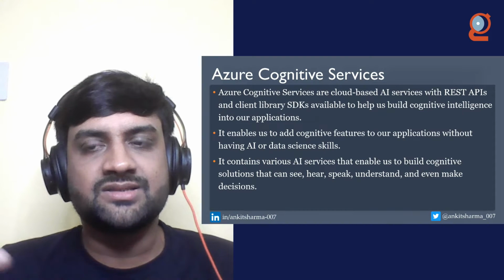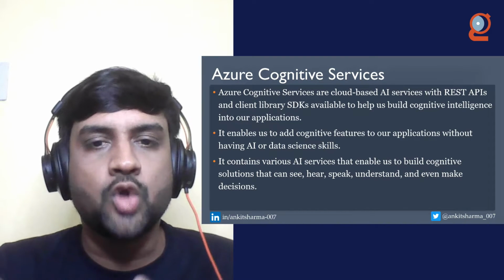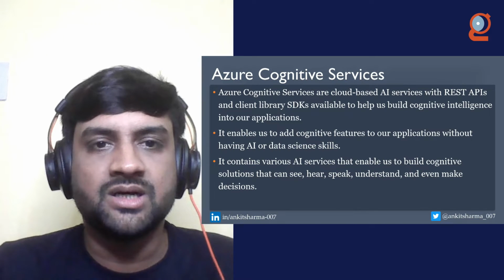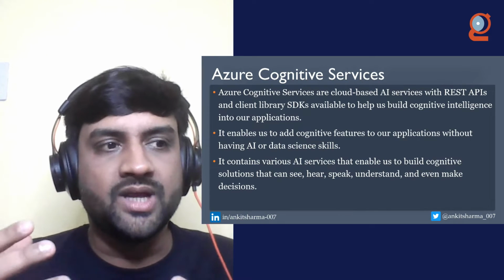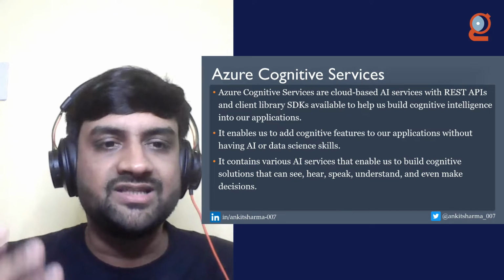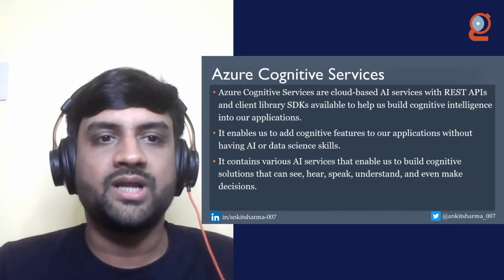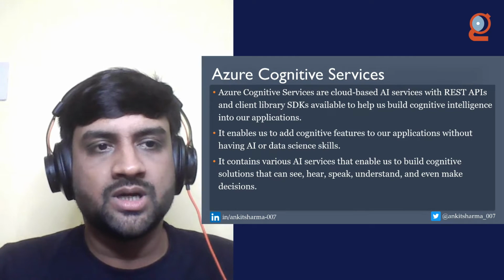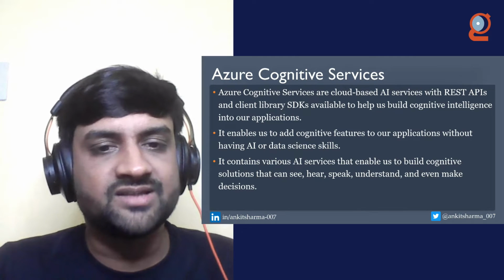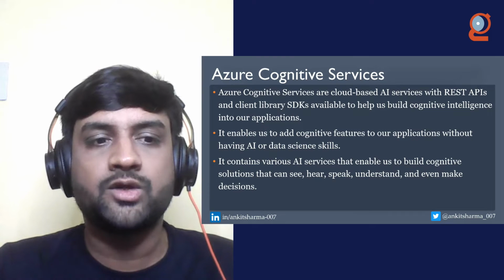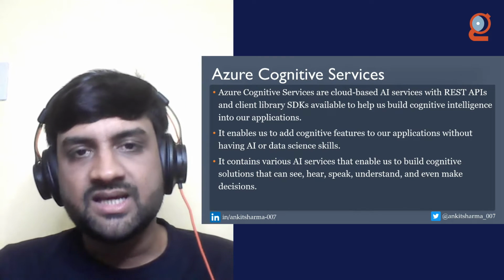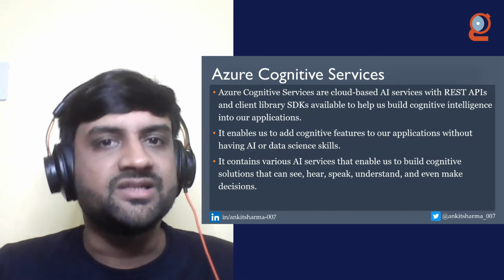Since it's just a simple REST API call, you do not need an in-depth understanding of AI or the data science domain, so anybody can use it. It is very easy to use and easy to implement with any UI library. Azure Cognitive Services contains various AI services which enable us to build cognitive solutions that can see, hear, speak, understand, and even make decisions.